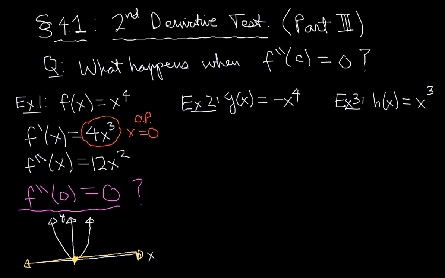And of course, let's go now to g of x. Why am I putting negative x to the 4th? Because I'm going to make a similar point. Obviously, it has the same critical point as x to the 4th. The only difference is that the graph is like this. And so the critical point is at x equals 0.